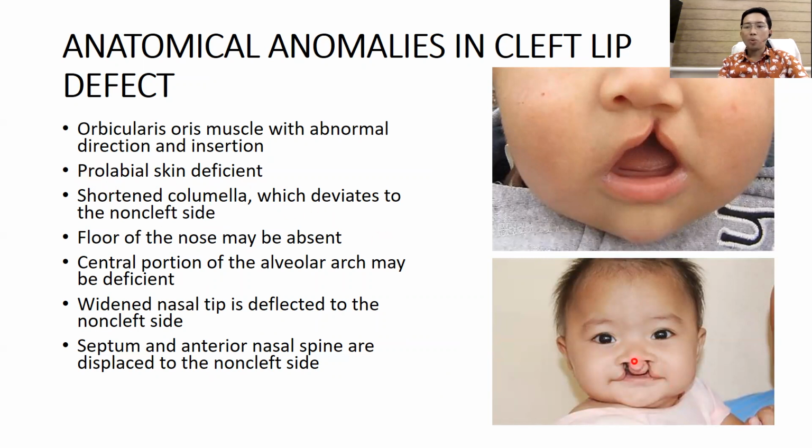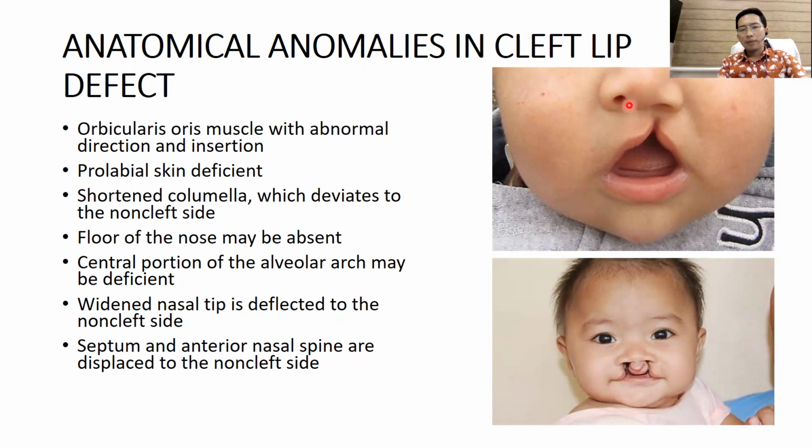We have this prolabial skin deficiency. This one is the prolabium. You can only see the deficient prolabium in bilateral cleft lip. We have the shortened columella, which deviates to the non-cleft side. So in unilateral, on the cleft side, we have this shortened columella.